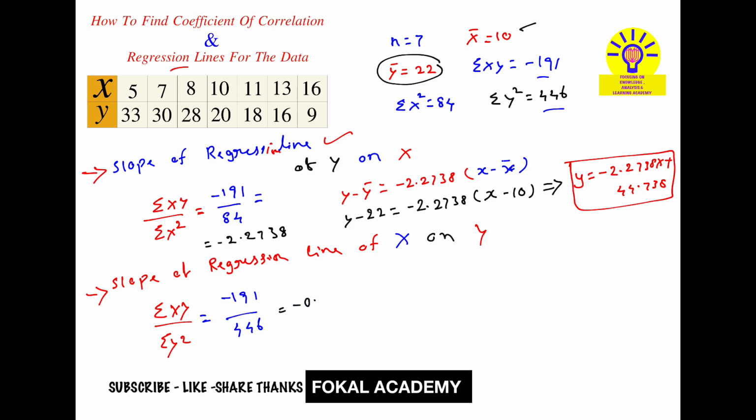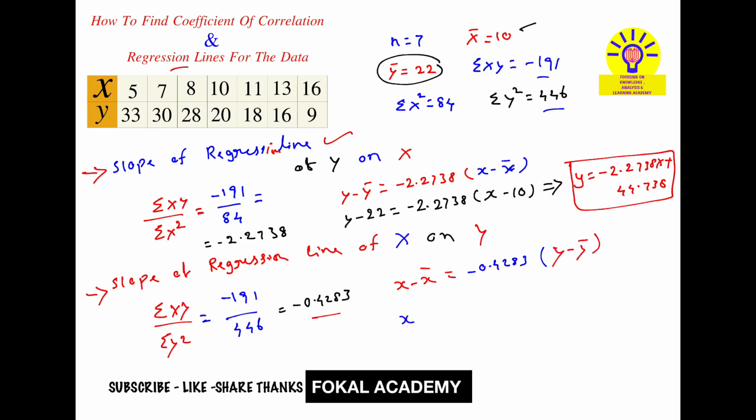minus 0.4283. Next write the line equation. This is the equation of the line x in terms of y. So x minus x bar equal to slope, which is minus 0.4283, into y minus y bar. Now substitute here.